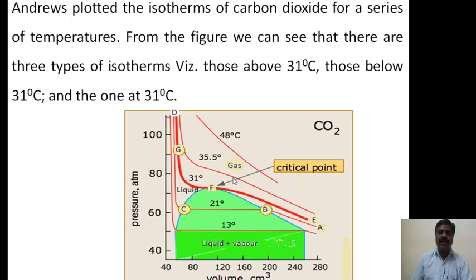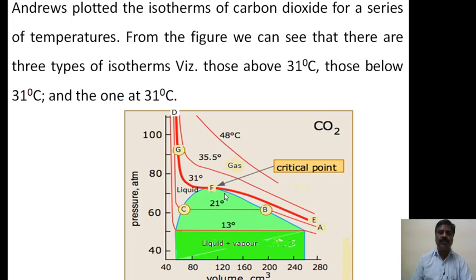For carbon dioxide, starting from 48 degrees Celsius and lowering the temperature to 35, the curve bends, and at 30 it becomes a liquid here. This green portion is the liquefied state, and above this is the gaseous state.